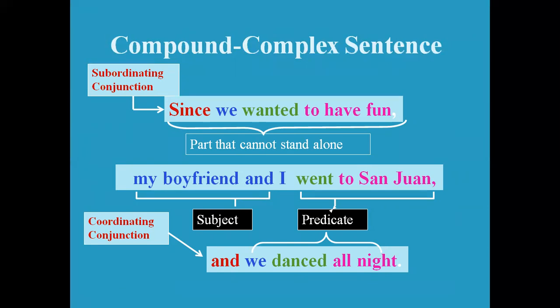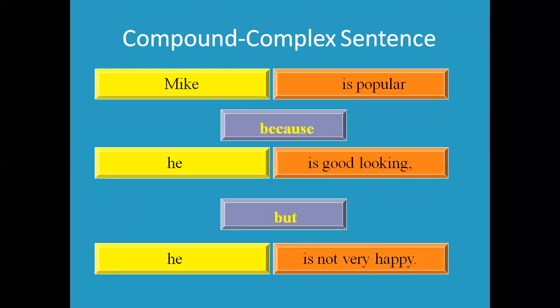You see the example of a compound complex sentence. Let's see a simpler sentence. Mike is popular because he is good looking, but he is not very happy. That is a compound complex sentence.